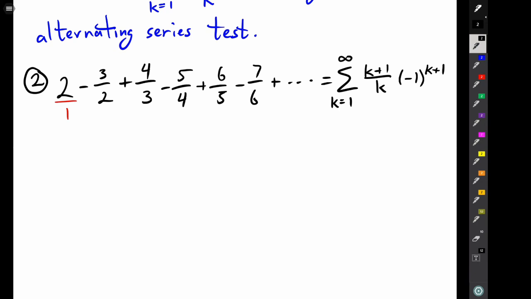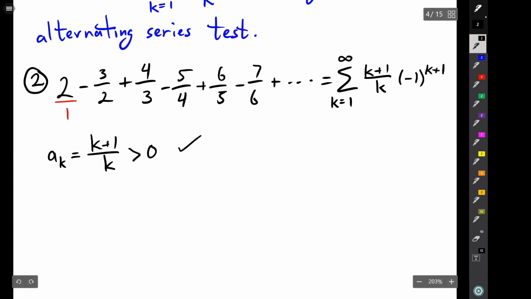That way all the odd terms are positive. So now that we got that, we can say a_k is k plus 1 over k. And these are indeed positive numbers, so we're safe there.